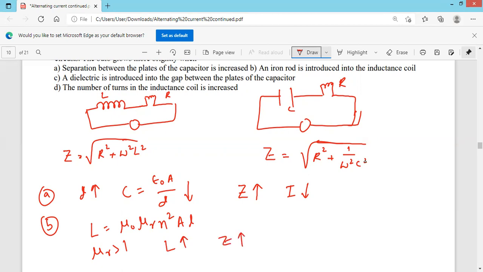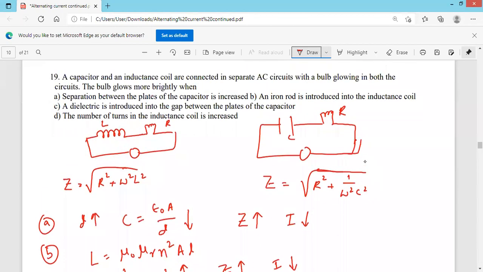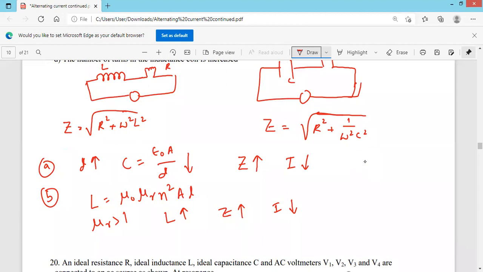Then the impedance increases. As a result, current decreases. Here also, current decreases.